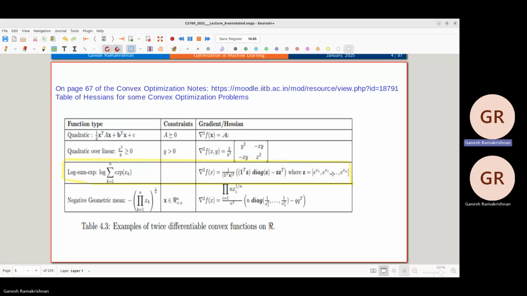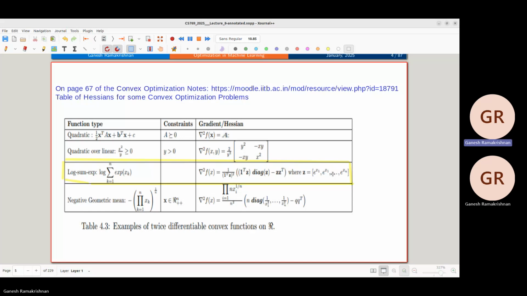And then outside, because of the derivative with respect to the log, if you apply the chain rule, you'll end up having a summation, because it is the log of the sum. I'll just write that form here: 1 transpose z, which expands as the summation over e^xi.